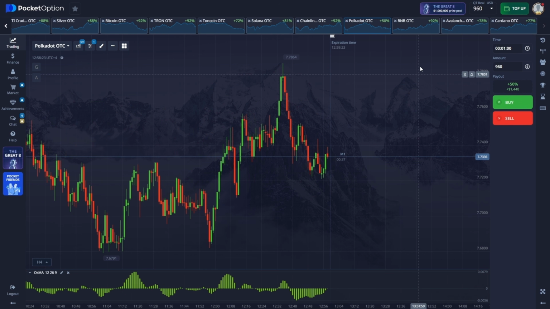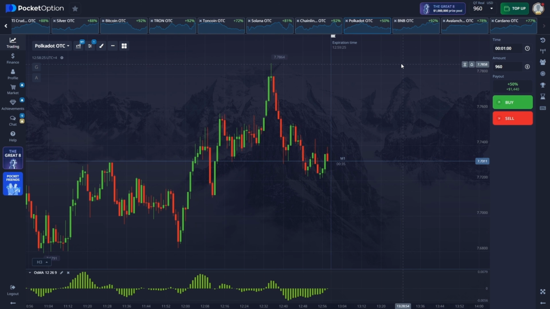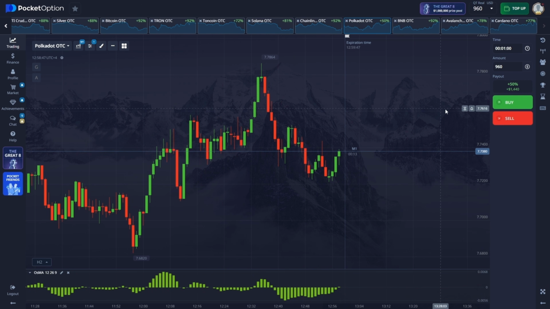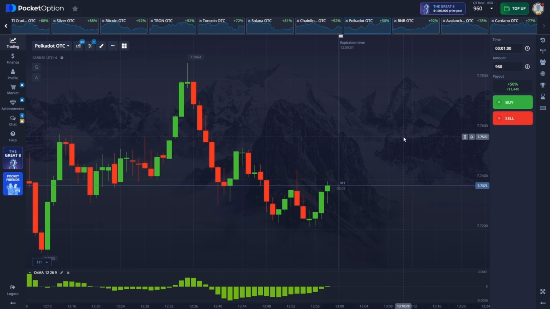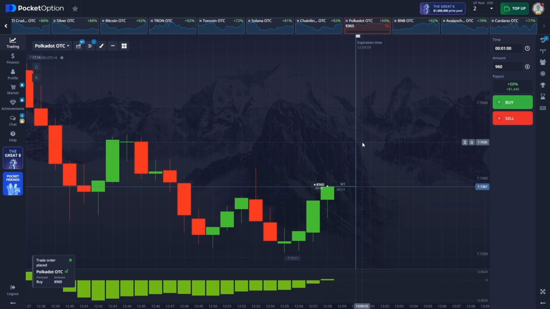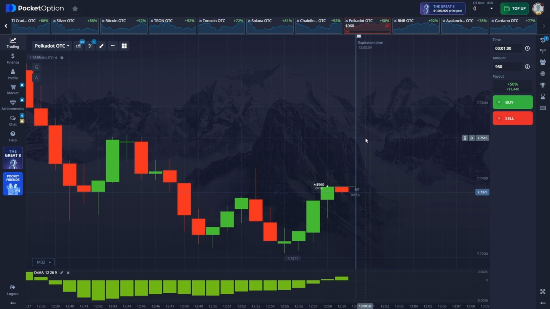On Polkadot OTC, we have a trade for the upside move. If this current candle closes as a green candle, then we can proceed with the upside move. Okay, the candle closes as a green candle, so I proceeded for the upside move on Polkadot OTC for $960.